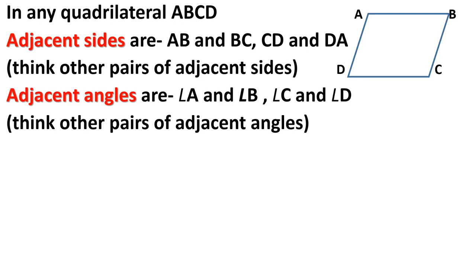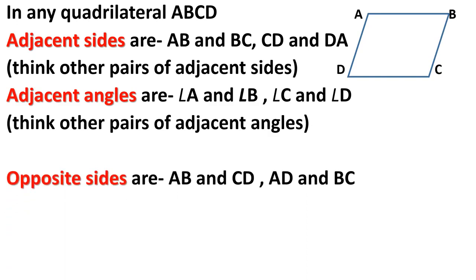Let's take one side AB. What are the two angles formed on this side AB? That is angle A and B. So angle A and B are the adjacent angles. Take any one more side. Let us take CD. Which two angles are made on this side? That is angle C and D. So angle C and D are the adjacent angles.